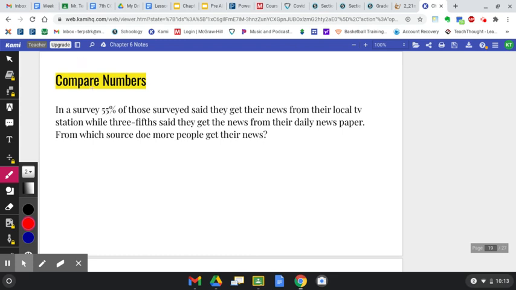So it says in a survey, 55% said they get their news from local TV. So 55% TV. And then it says 3 out of 5 or 3/5 said they get their news from newspaper. So we want to see which source more people get their news from.